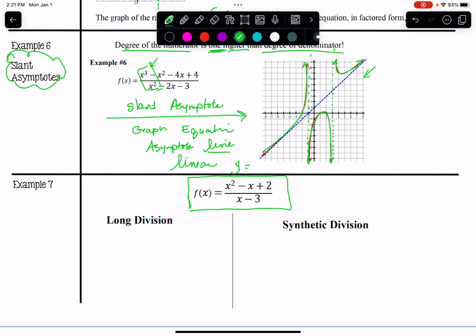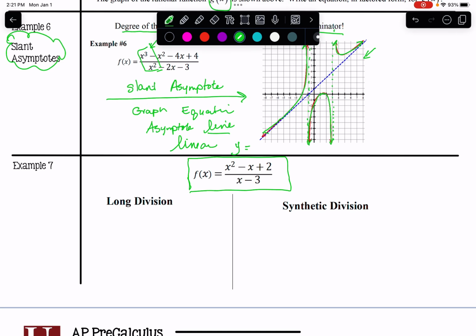Okay, but we have to review how to do this. So there's 2 ways: long division, which always works, and synthetic division, which works if you have a very easy denominator. And so we're going to do both ways to review.